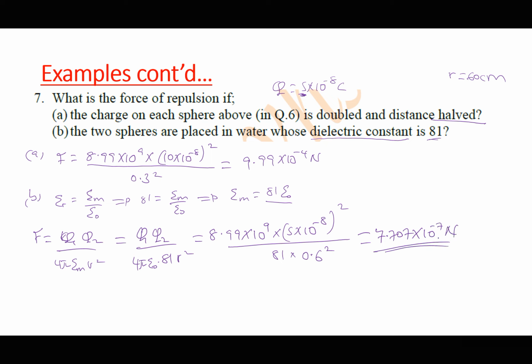You notice that this becomes a smaller force compared to the other one. That is, when we include a dielectric, or when we remove the vacuum between the two charges, the force becomes weaker, or the force reduces. So the force is now 7.7 times 10 power negative 7 newtons.